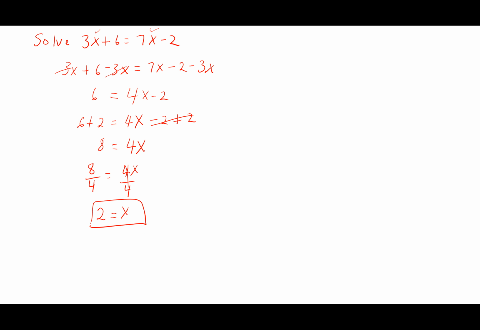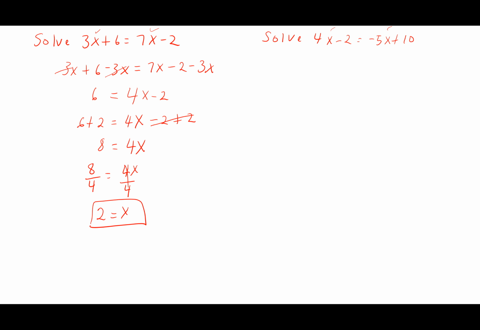So let's do one more. So let's solve 4x minus 2 equals minus 5x plus 10. Okay, so you have two x's here.